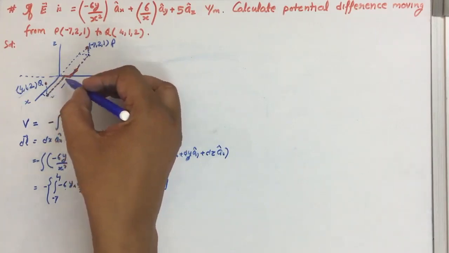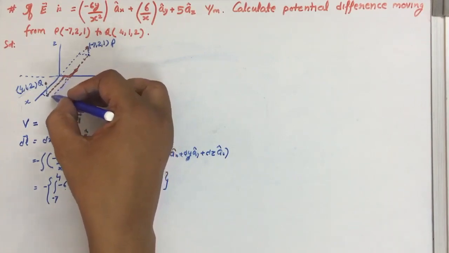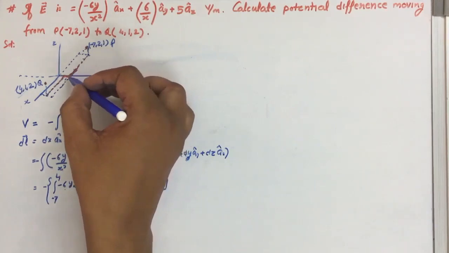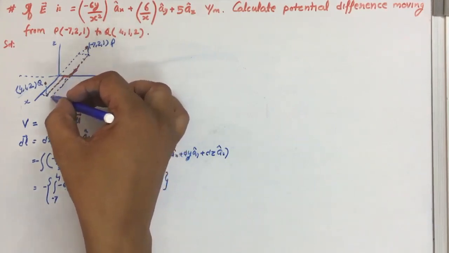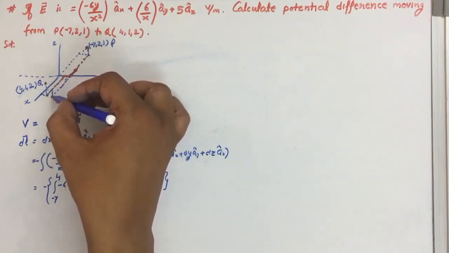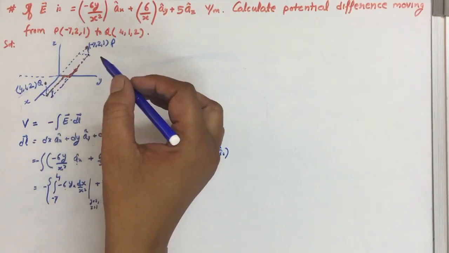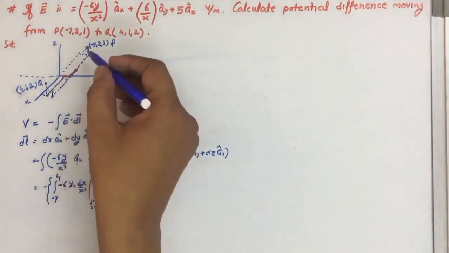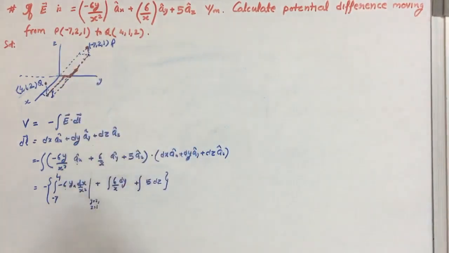So 4, 2, 1 is x equal to 4, y equal to 2, and z equal to 1. So this will be point (4, 2, 1). We are just changing the x position and the remaining will remain the same. So this is the proper way.